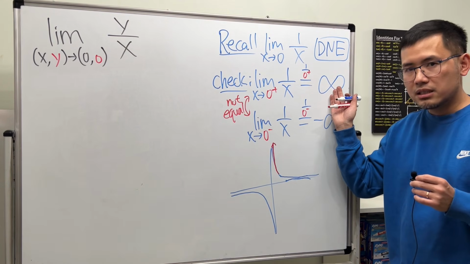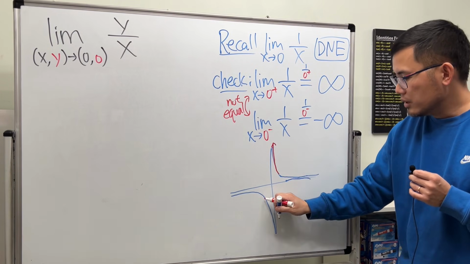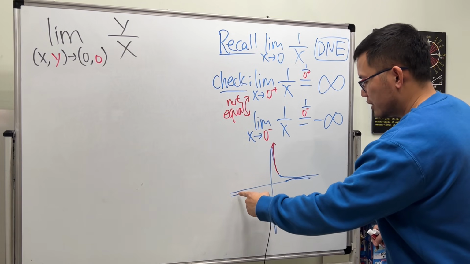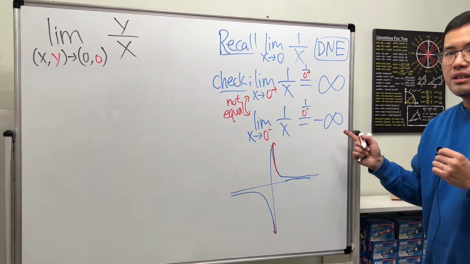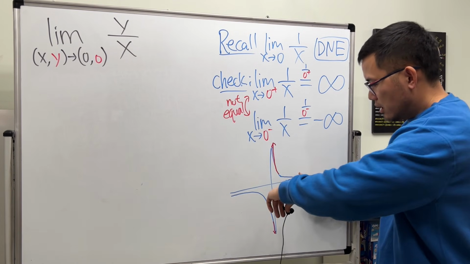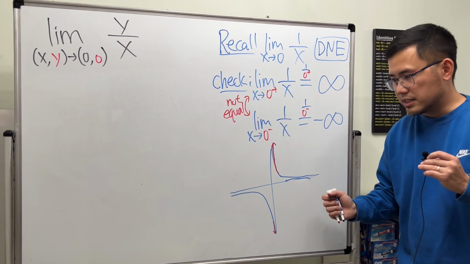That's how we get positive infinity. When x is approaching 0 from the negative direction, you use your left hand right here. It goes down and we get negative infinity. As you can see, they are not going to the same point, so the limit does not exist.